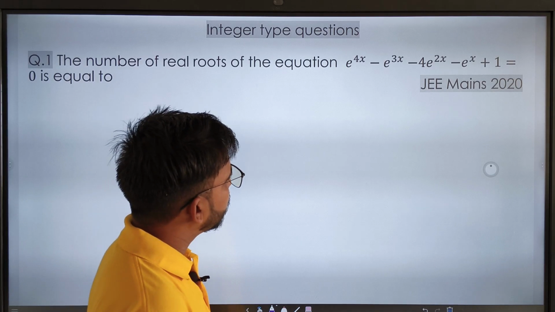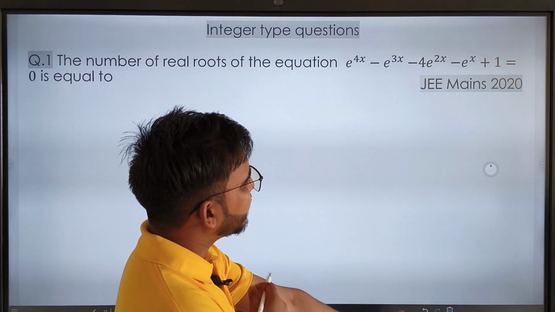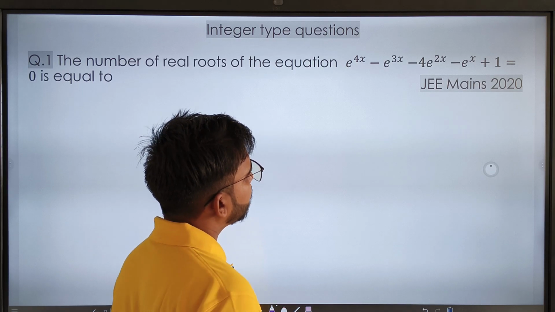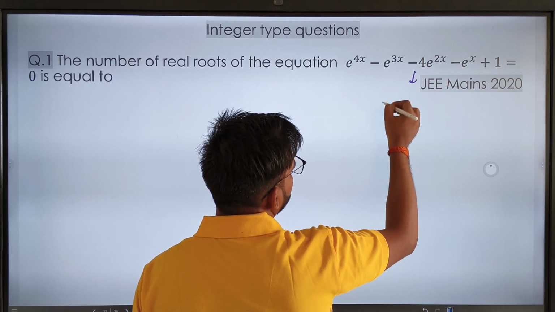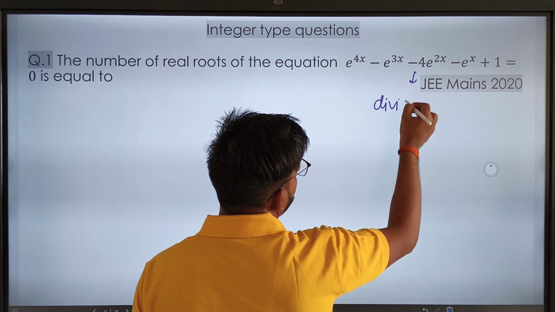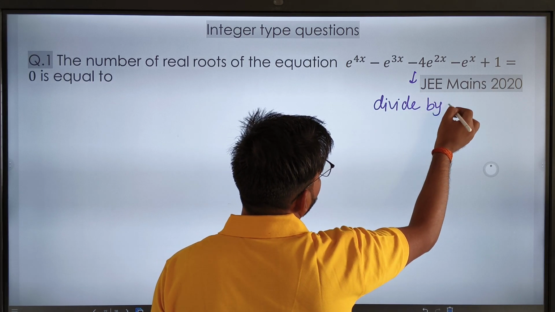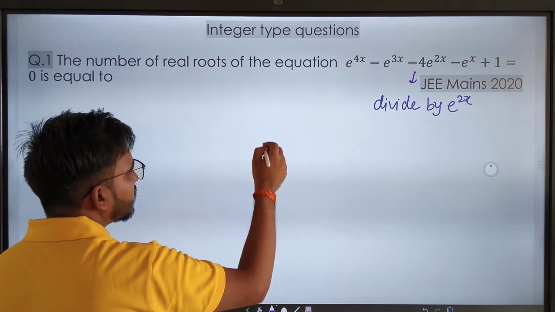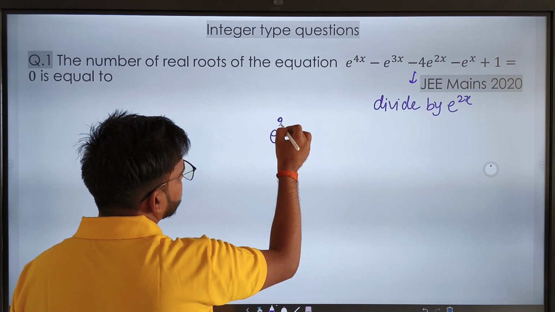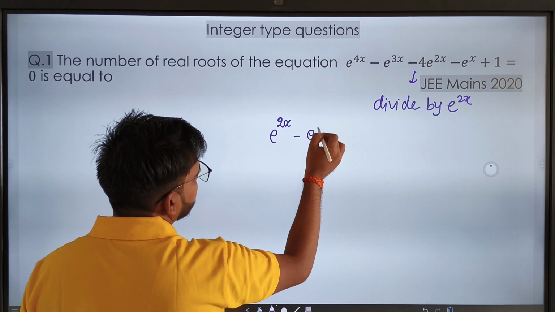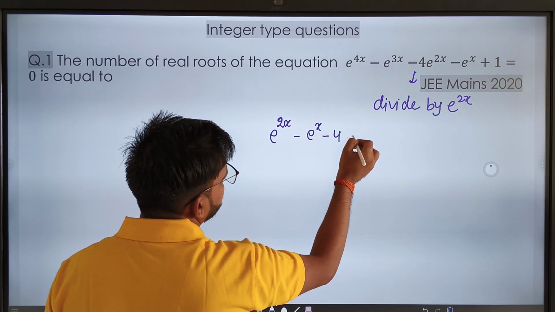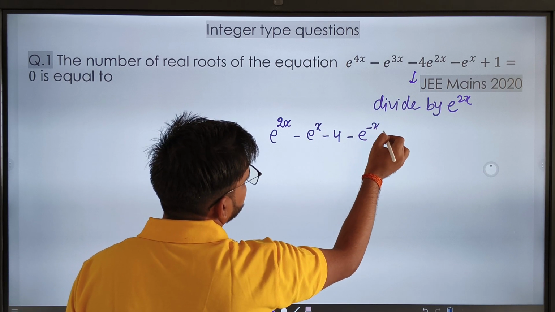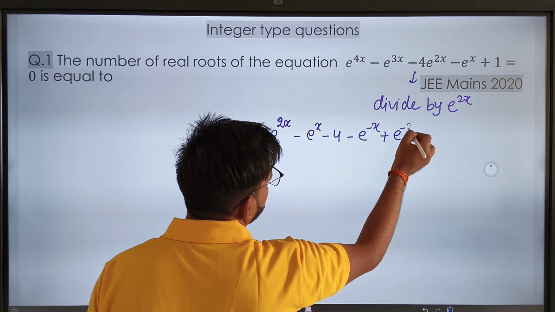Okay. In this problem, what I would suggest is that you divide by e raised to 2x. If I divide by e raised to 2x, it is going to be e raised to 2x minus e raised to x minus 4 minus e raised to minus x plus e raised to minus 2x.